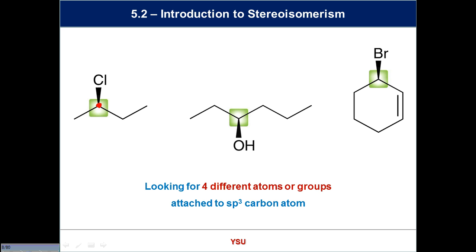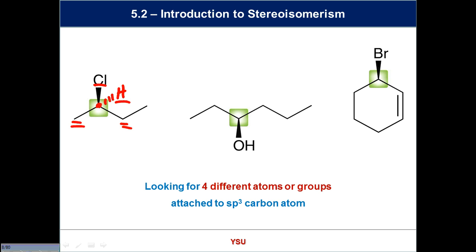Hydrogen, in what direction? Back, right? It's a dash, because I've already used up my wedge, and I've already used up my 2 straight lines. As you practice, that allows you to think about 4 different things. I have hydrogen, I have chlorine, I have carbon, I have carbon. Wake up! I have carbons on both sides. We'll have to say in a minute how that is different. It's obvious that one's an ethyl and one's a CH3 group, but it's not as simple as that.